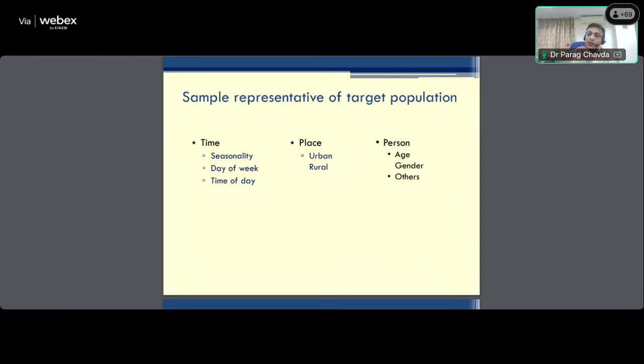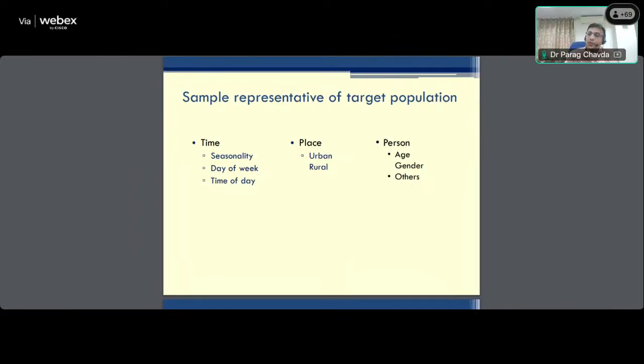If one study was done somewhere around July, the prevalence is going to be high. In another study, if it was done somewhere in January, the prevalence is likely to be less, right? So if you are going to generalize your findings, seasonality is a big issue, right?